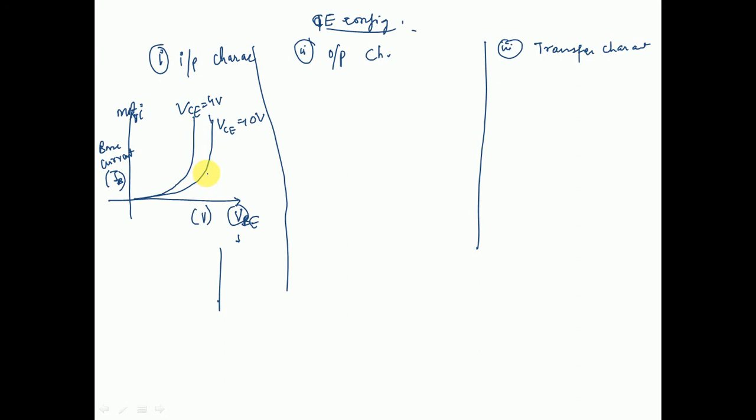In this, you can calculate the RI. What is the RI? RI is basically your input resistance.